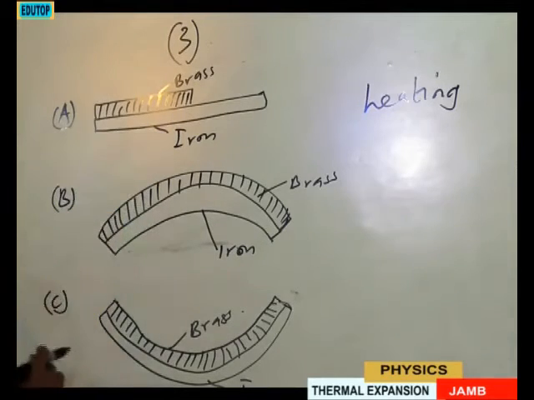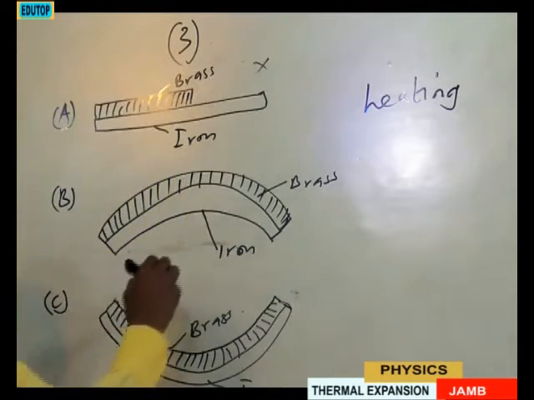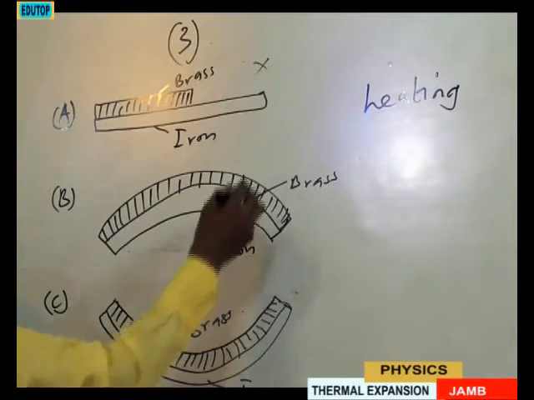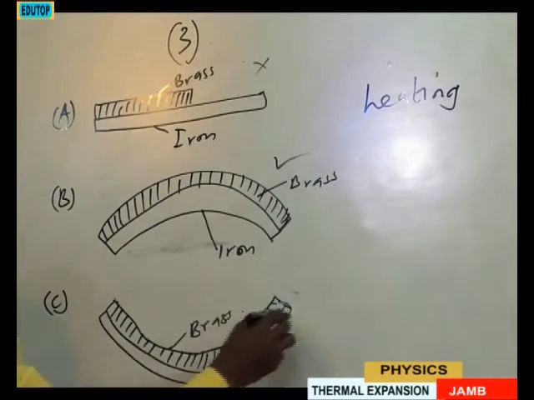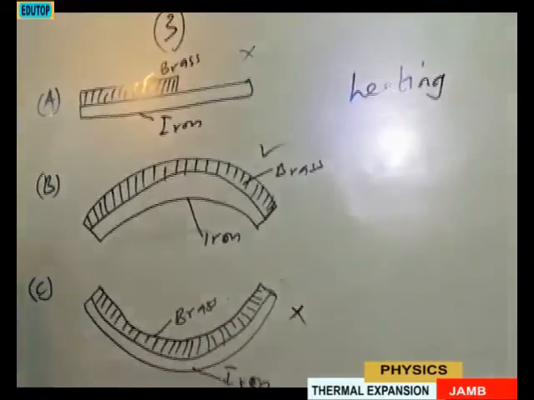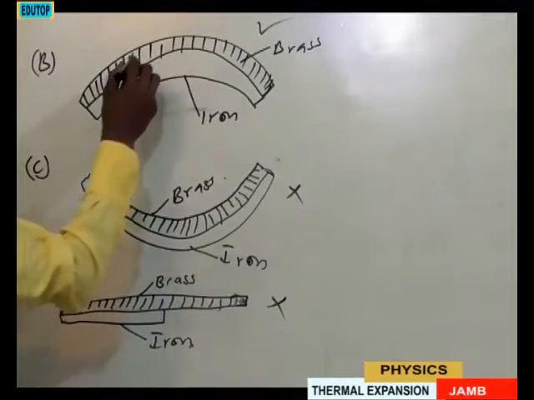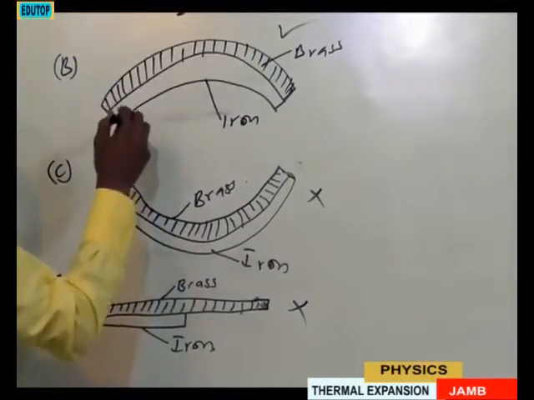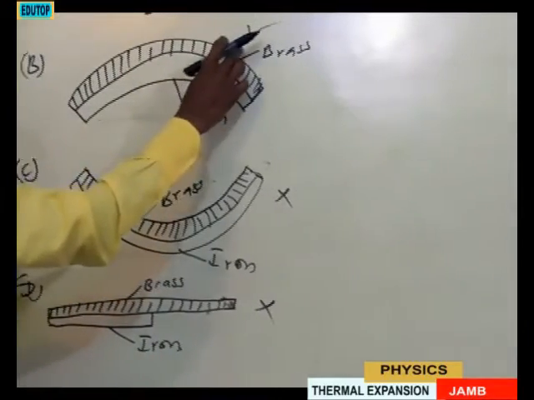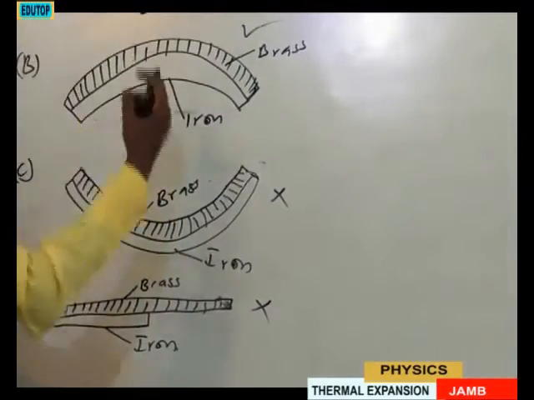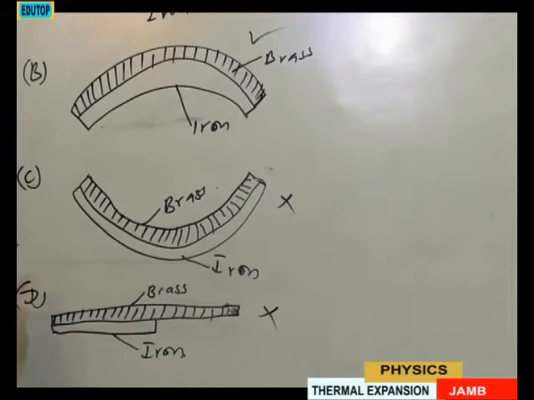Will it be this one? No. Will it be this one? Yes. Will it be this one? No. Why? Because the expansivity of brass is greater than that of iron.